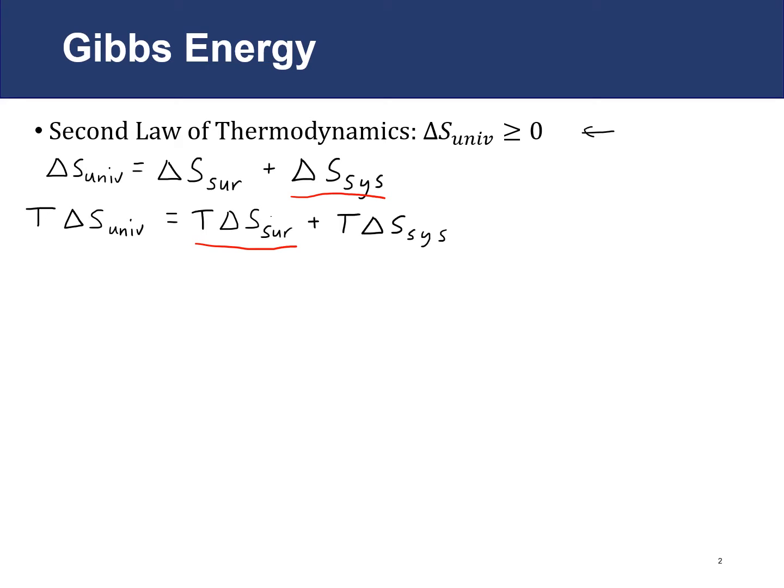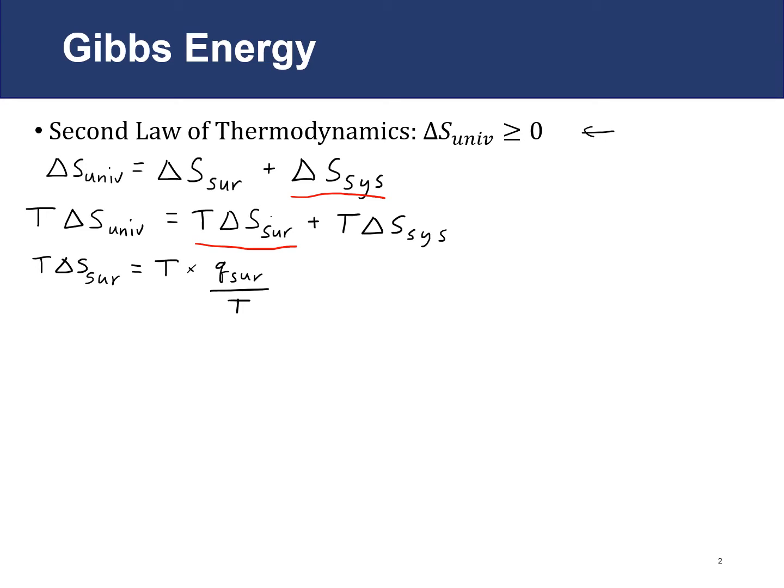So if we look at just our temperature times the change in entropy of the surroundings, focus in on that, we can write that out as temperature times Q of the surroundings, right, over T. The Q of the surroundings over T is our change in entropy.